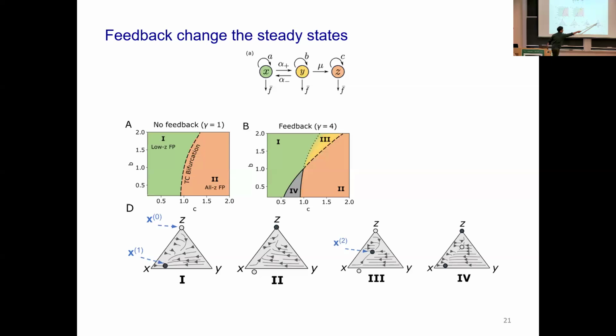And this is the separatrix. But interestingly, there's another state that opens up in this part, which is in the high Z state, which actually destabilizes this high Z and pulls this steady state down into the middle. You're supposed to be high Z, but now you are not able to maintain high Z, because remember, this is where B is pretty high, right?